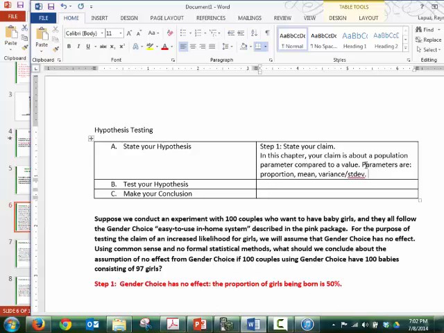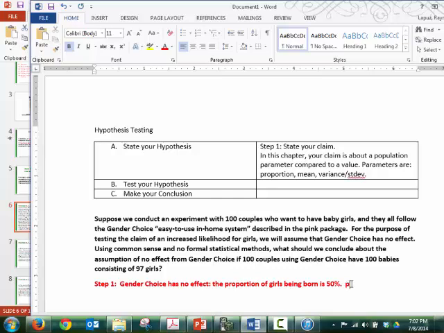And when we studied variance, we kind of scooted that over and said, what if we just took the square root? Then we're essentially studying standard deviation. So I'll put variance / standard deviation. Your claim in this chapter will have something to do with a proportion, a mean, or a variance, or a standard deviation. Which means when you set this up, you can write this in symbols, right?